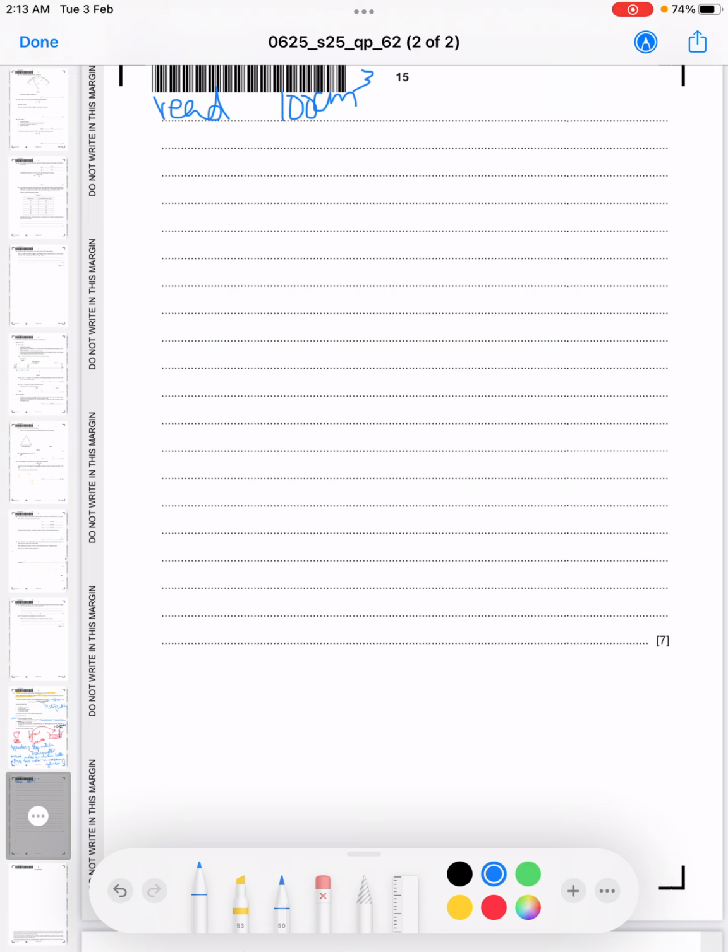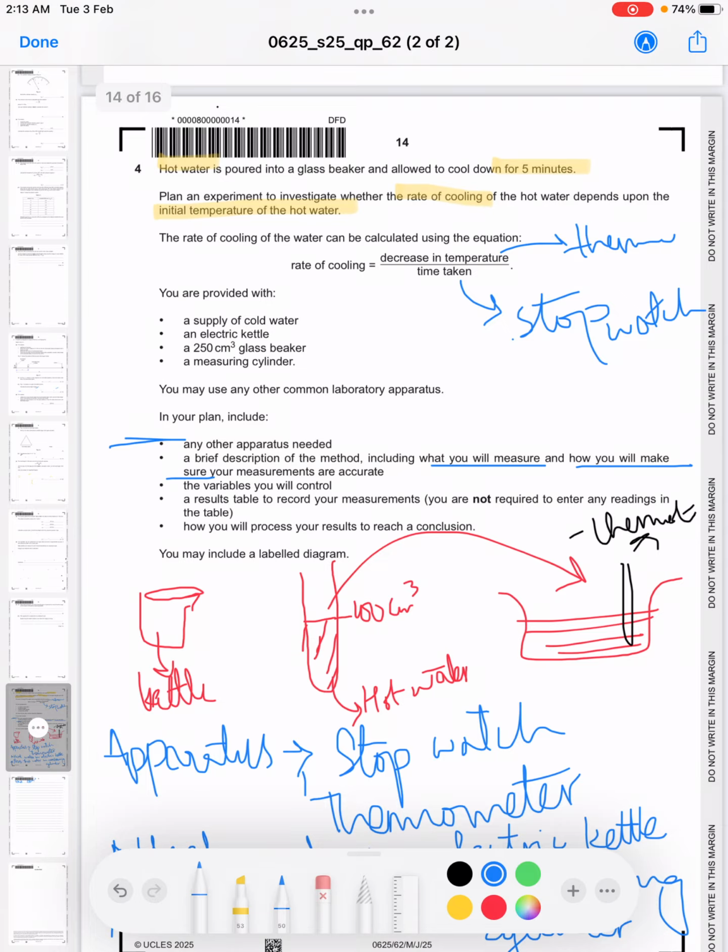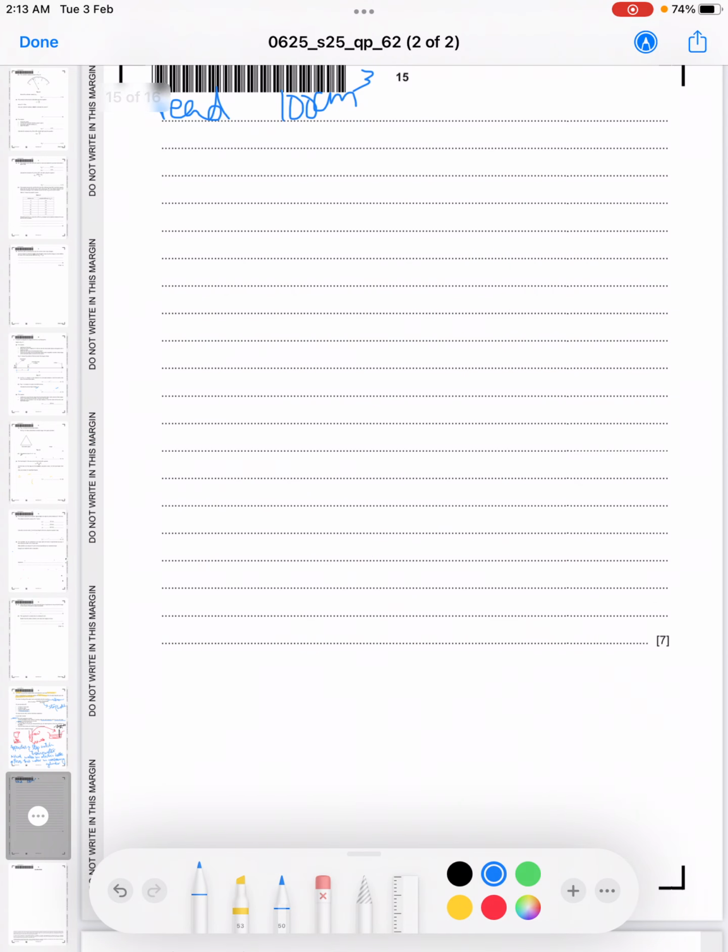Now pour this liquid into the beaker. We have the measuring cylinder and then we have a glass beaker. So we will pour this hot water in the glass beaker.